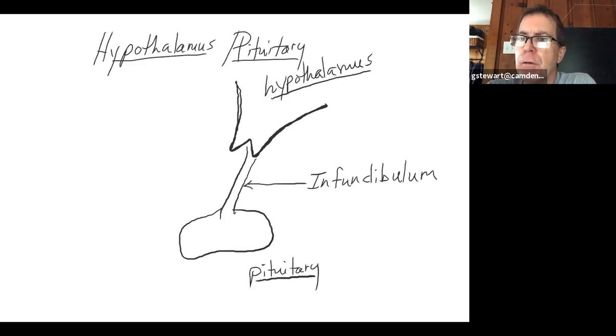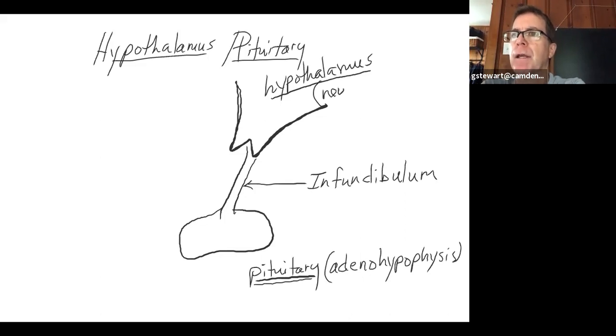And the pituitary gland scientifically is known as the adenohypophysis. The hypothalamus is scientifically called the neurohypophysis. See if I can write legibly up here.